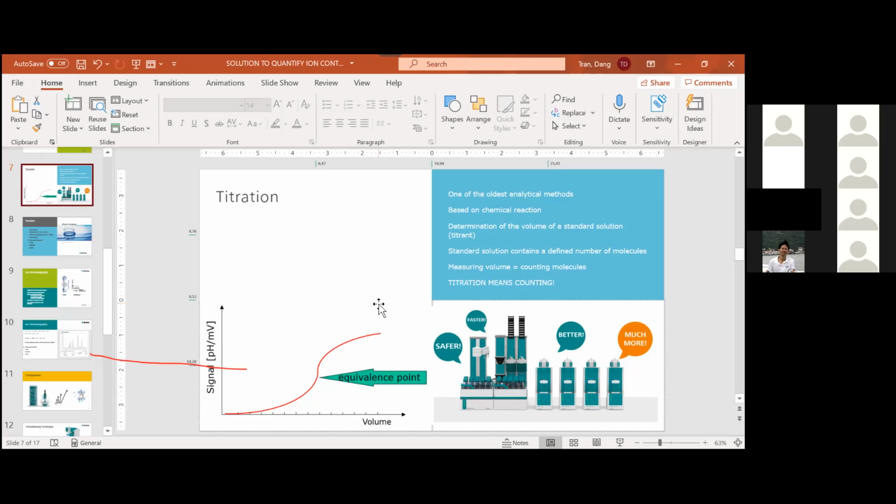For example, we have a white powder and we don't know what it is. It can be food powder, cement powder, calcium carbonate powder, or it can be a drug like cocaine.